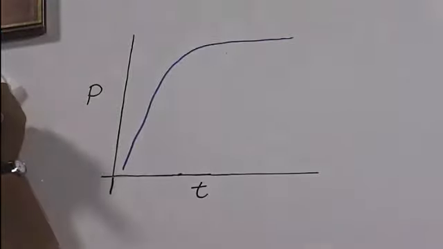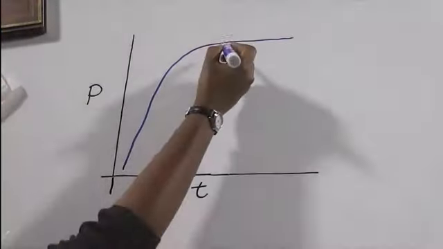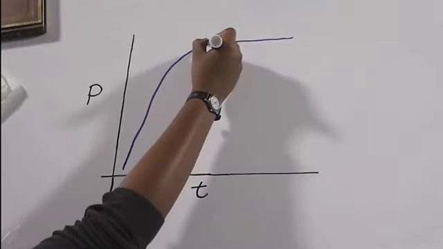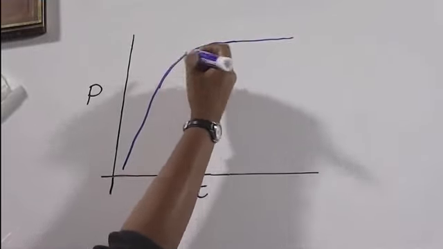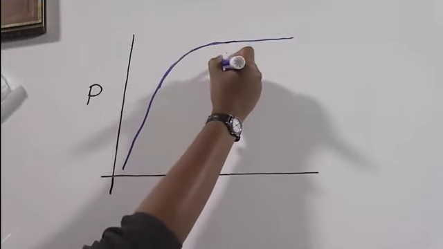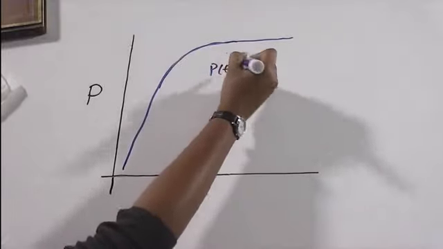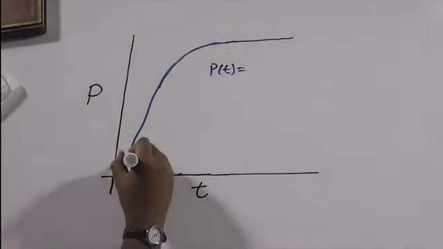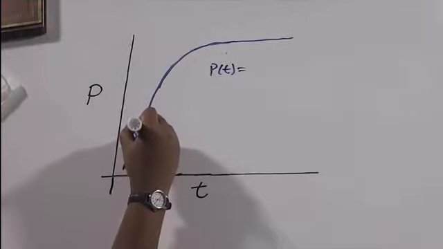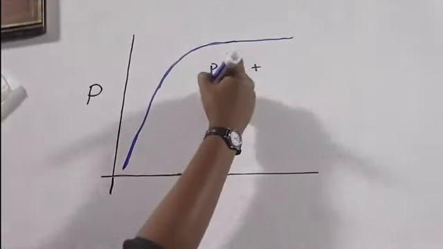It doesn't get much higher than that. So the part where the price is close to maxing out is right here. So P of t is an increasing function, so it's positive.